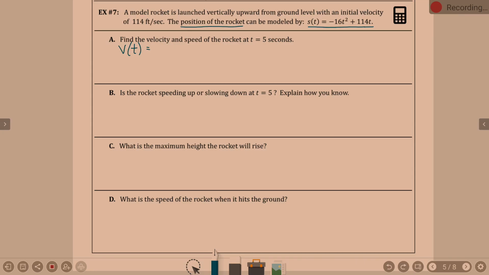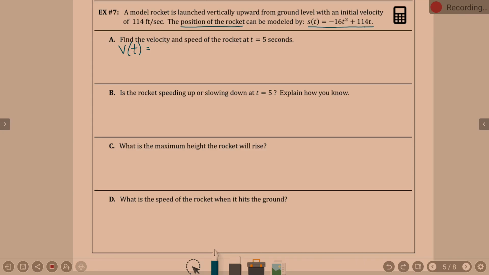Plug in 5 for t? That would give me the position, not velocity. I don't have a velocity formula yet. That's what we're getting ready to create. What's the relationship between velocity and position? Is it just 114t? No. What's the relationship between velocity and position?